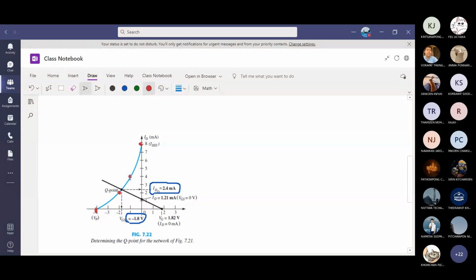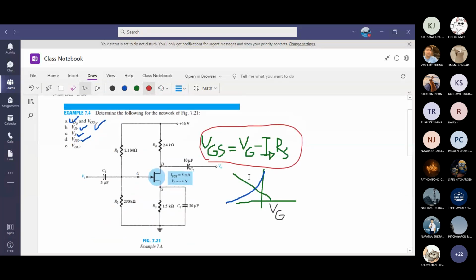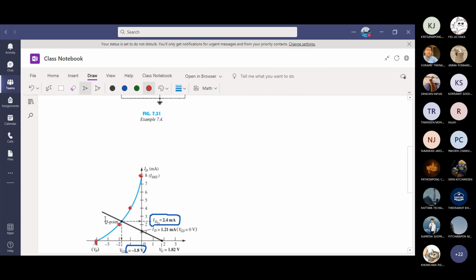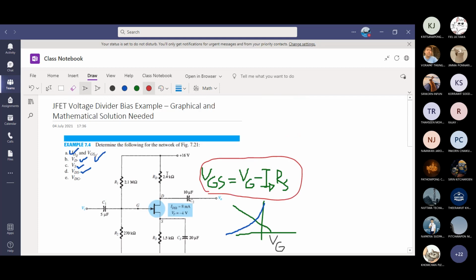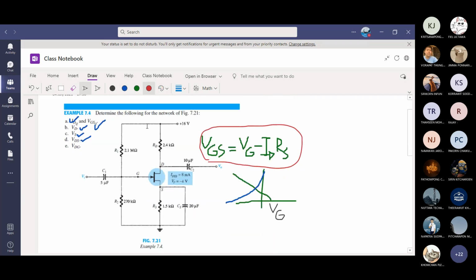You draw the Shockley curve, and from this equation, you draw the load line. It will intersect. You can try with the graph paper at home, which will give you the value of IDQ and VGSQ. Once you find that, the rest is all simple.